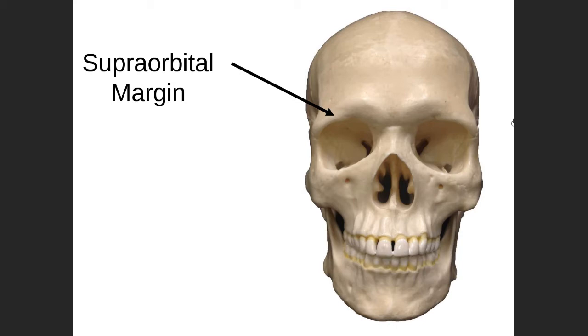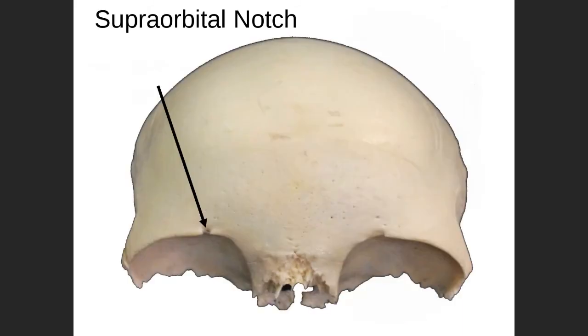Now when we're looking at some of these slides, you notice that we have some nicks and sometimes some holes in our bones. What we're looking at here, this little nick on the superior portion of the orbit, we call that a supraorbital notch.